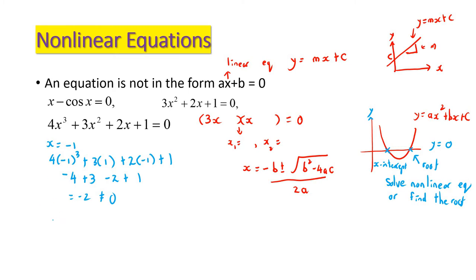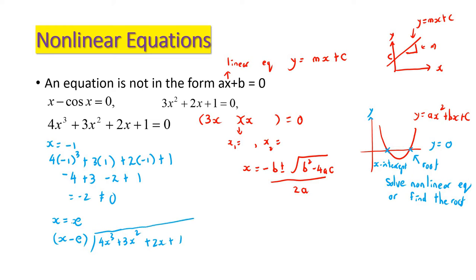Once you get the first root, let's say x equal to e is the root, then x minus e is a factor, and you take this cubic equation, 4x cubed plus 3x squared plus 2x plus 1, and use long division.